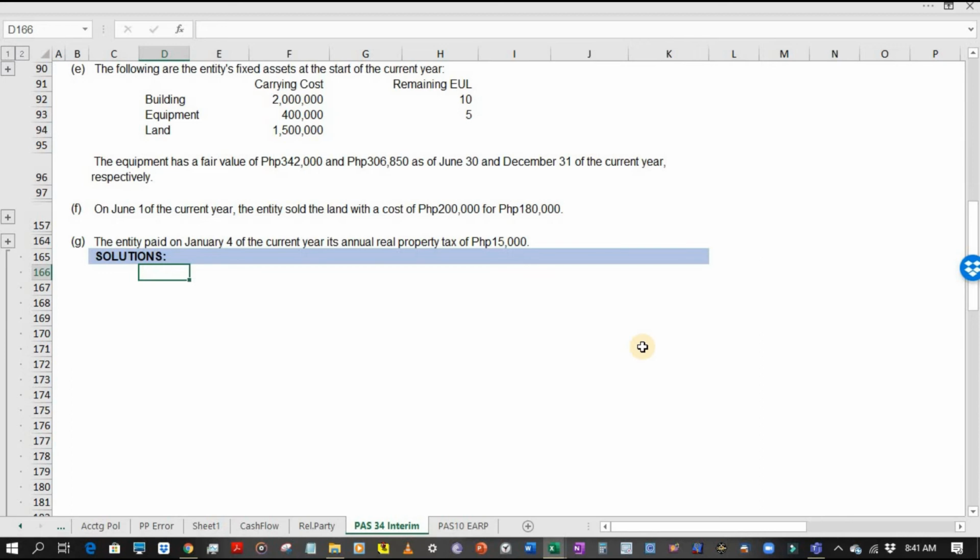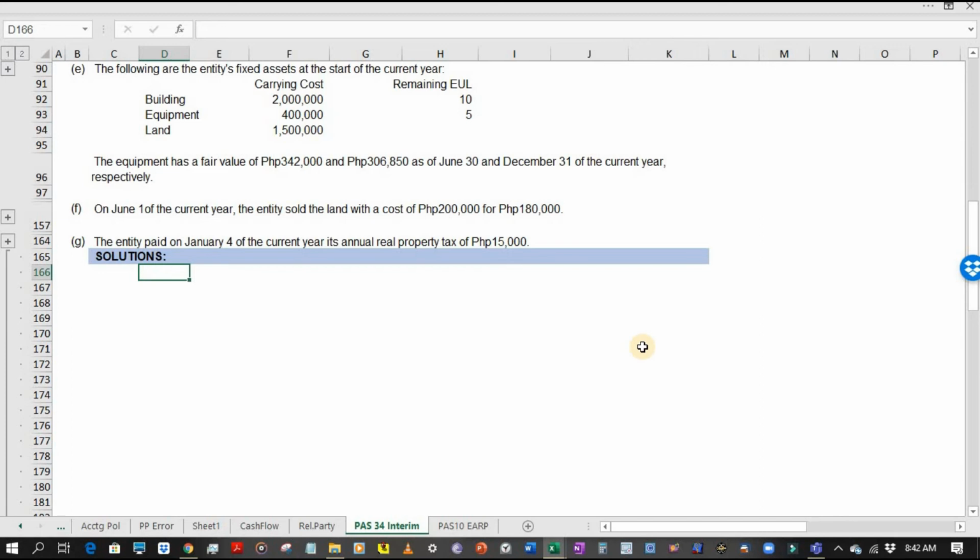So it means that the 15,000 pesos must be recognized all throughout the 4 quarters of the year. So it will not be recognized immediately in full on January 4 because the benefit that the entity will realize from the 15,000 pesos is throughout the year. So that is why the 15,000 should be recognized as expensed during the 4 quarters of the year.